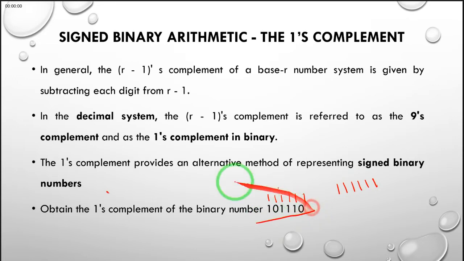You just follow the rule that we have read here. 1 minus 1 is 0, 1 minus 0 is 1, 1 minus 1 is 0, 1 minus 1 is 0, and 1 minus 1 is 0. You'll find their use when performing binary arithmetic.